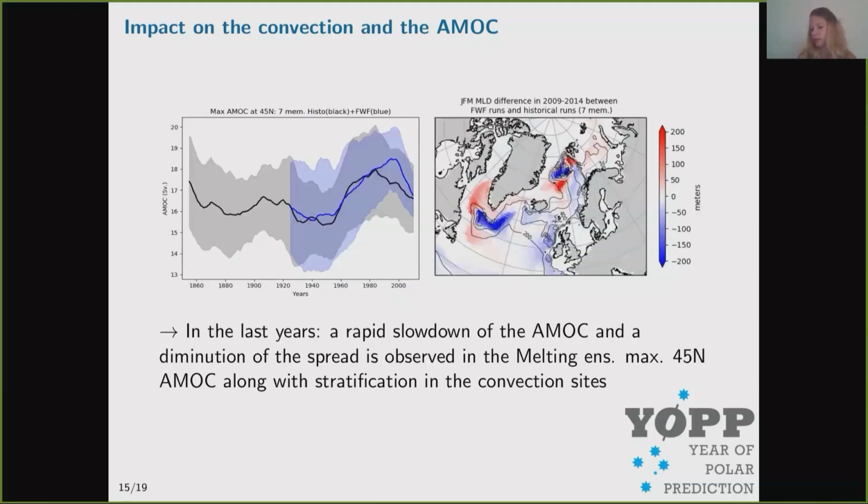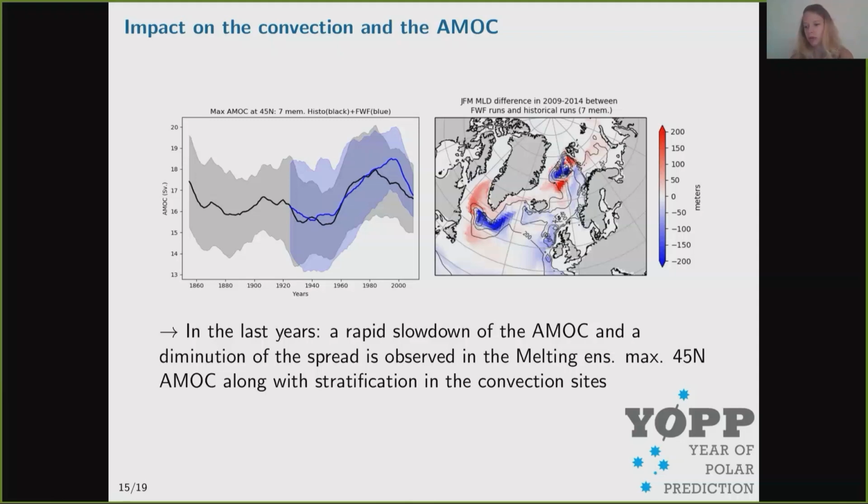However, looking at time series of the hammock at 45° north, here on the left side, we observe that the spread of the melting ensemble in blue here, which is 1 standard deviation, is reduced at the end of the experiment.